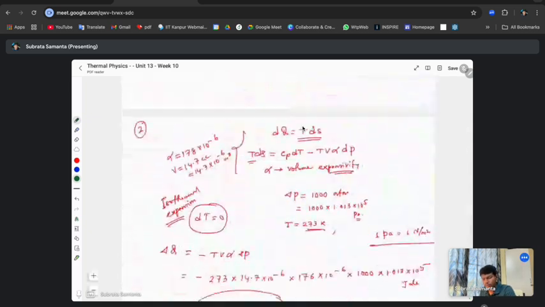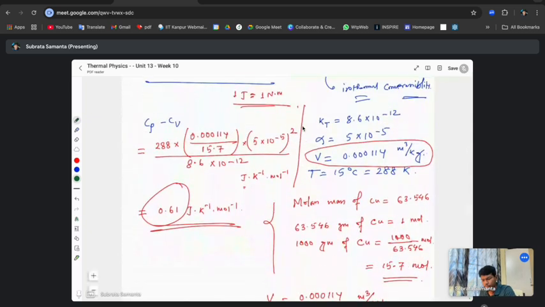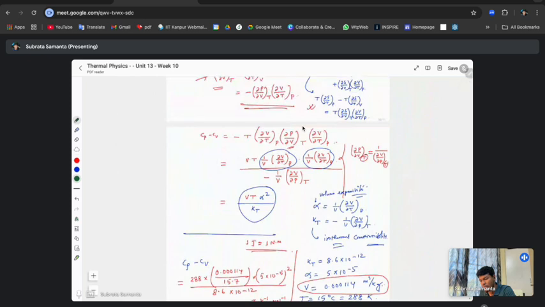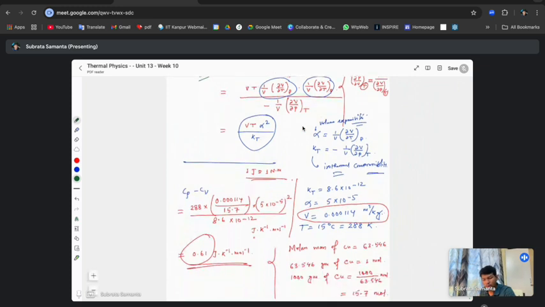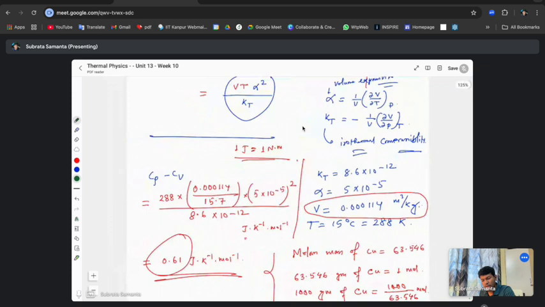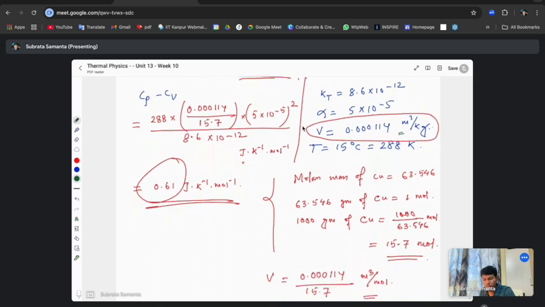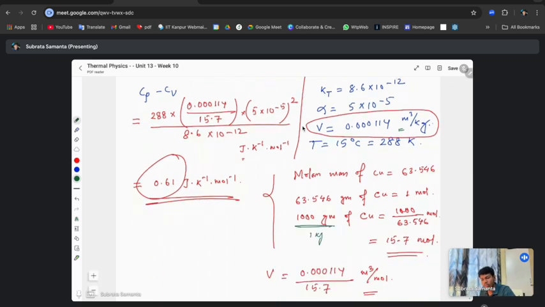Okay, so far any questions, any doubts? First we derived how Cp minus Cv is related to your alpha and Kt. Once you derive this, or if you know the formula, you directly use it and calculate. One tricky part here is that the volume is given in meter cube per kg, so you have to convert it per mole using the molar mass. If you know the molar mass of copper, you can calculate. The problem has 1 kg of copper, so that's why I use 1 kg equals 1000 gram.